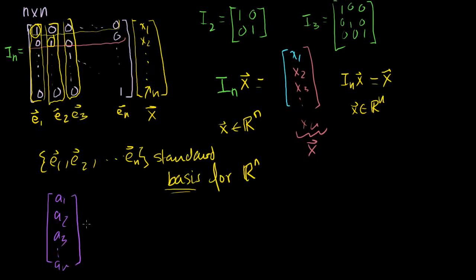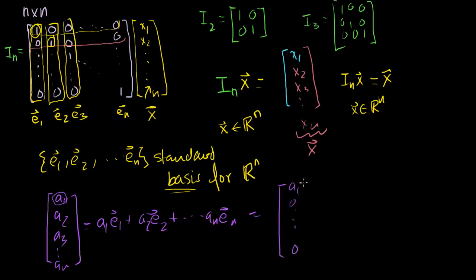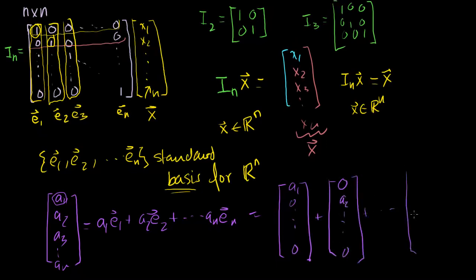Well, the linear combination that would get you this is literally a1 times e1 plus a2 times e2 plus all the way to an times en. Right? This scalar times this first column vector will just get you a1, and then you'd have n minus 1 zeros, plus a2 in the second entry with zeros elsewhere, and so on, until an in the last entry.